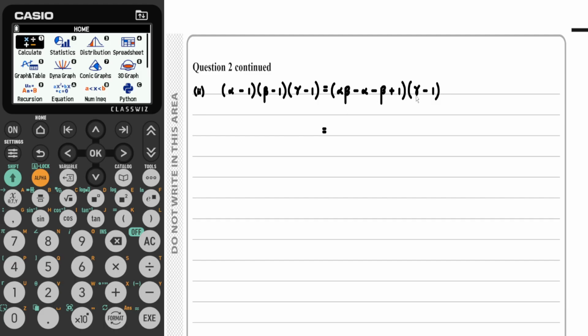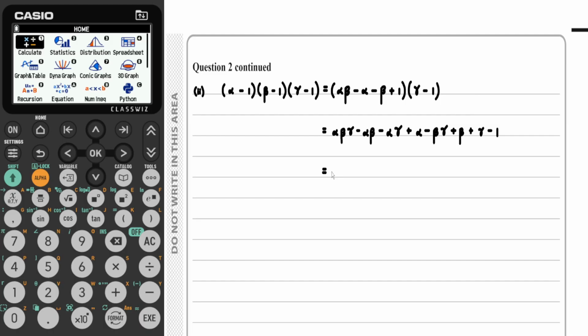And so we have alpha beta times gamma, then we have alpha beta multiplied by negative 1, then we have negative alpha multiplied by gamma, then we have negative alpha multiplied by negative 1, then we have negative beta multiplied by gamma, then we have negative beta multiplied by negative 1, then we have 1 multiplied by gamma, and then we have 1 multiplied by negative 1.